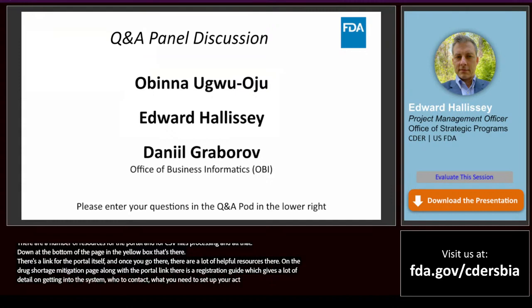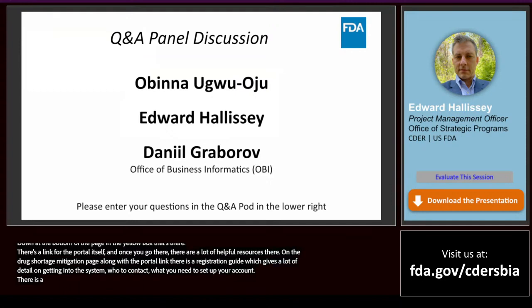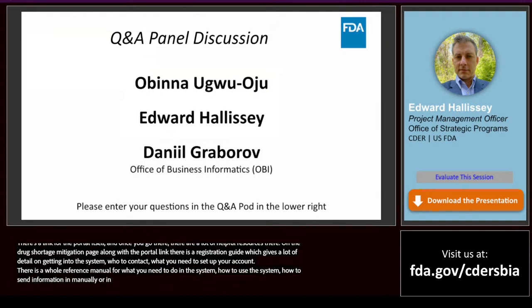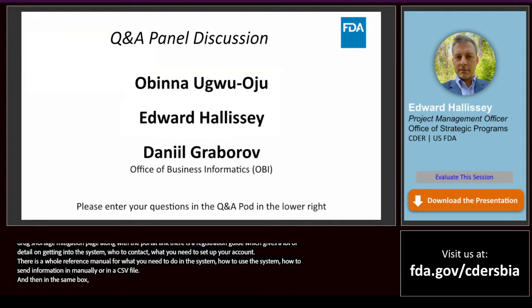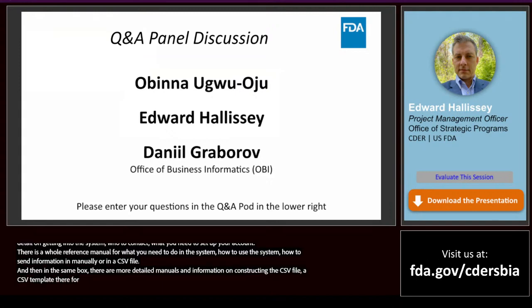There is a whole reference manual for what you need to do in the system, how to use the system, how to send information in manually or in a CSV file. And then in the same box, there are more detailed manuals and information on constructing the CSV file, a CSV template there for use, webinars on all that.